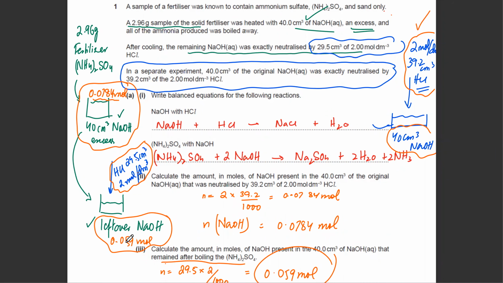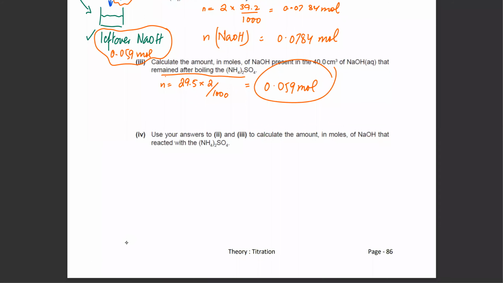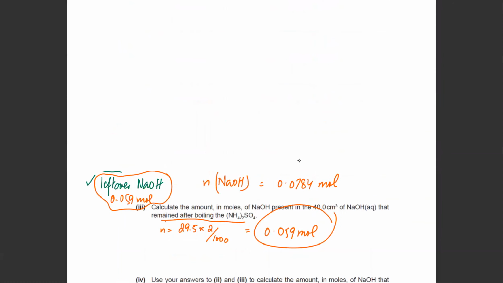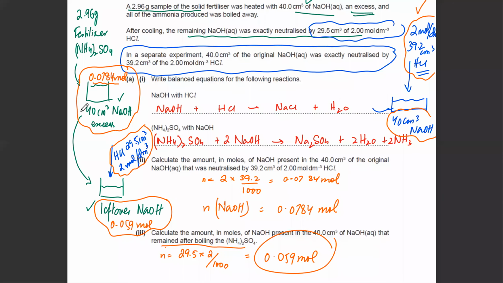What do you get? 0.0194 moles. So these were the moles that were taking part in the reaction with ammonium sulfate.